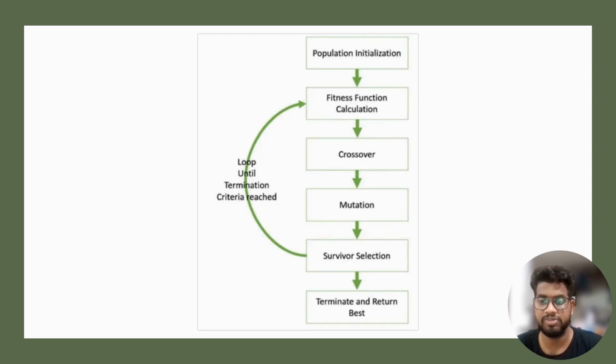Crossover: create new offspring chromosomes by exchanging genetic information between selected parents. Mutation: introduce random changes in the offspring chromosomes to maintain diversity. Reproduction: form the next generation of the population by combining selected parents and mutated offspring. And termination: repeat the process for a predefined number of generations or until a termination condition is met.